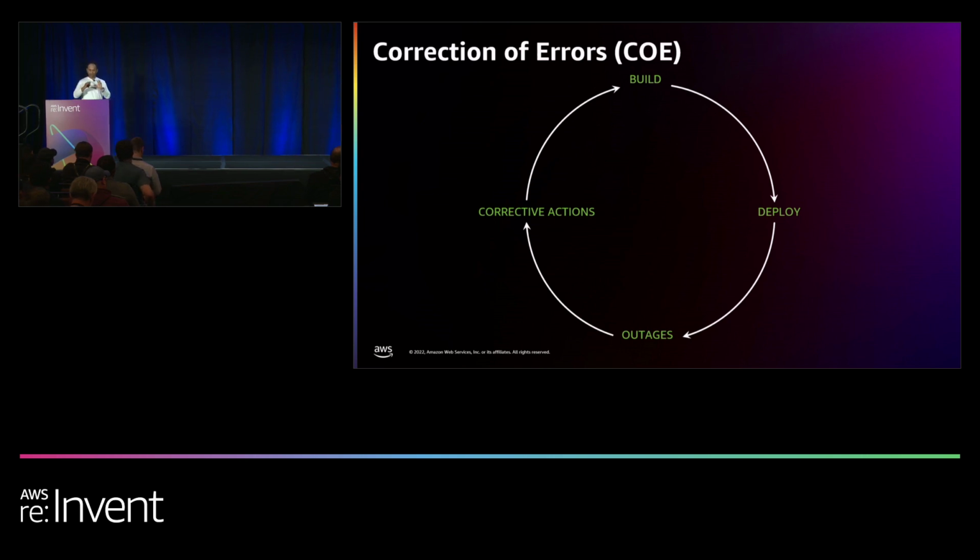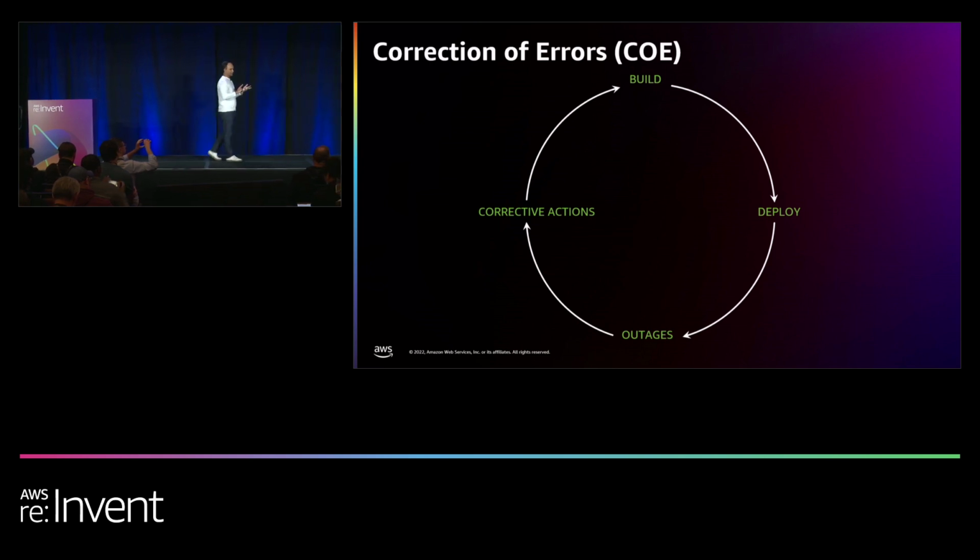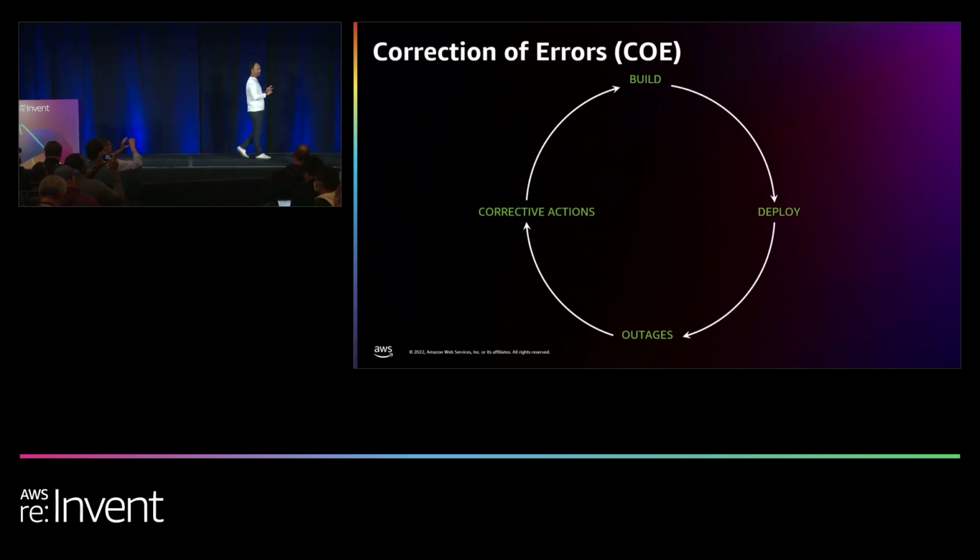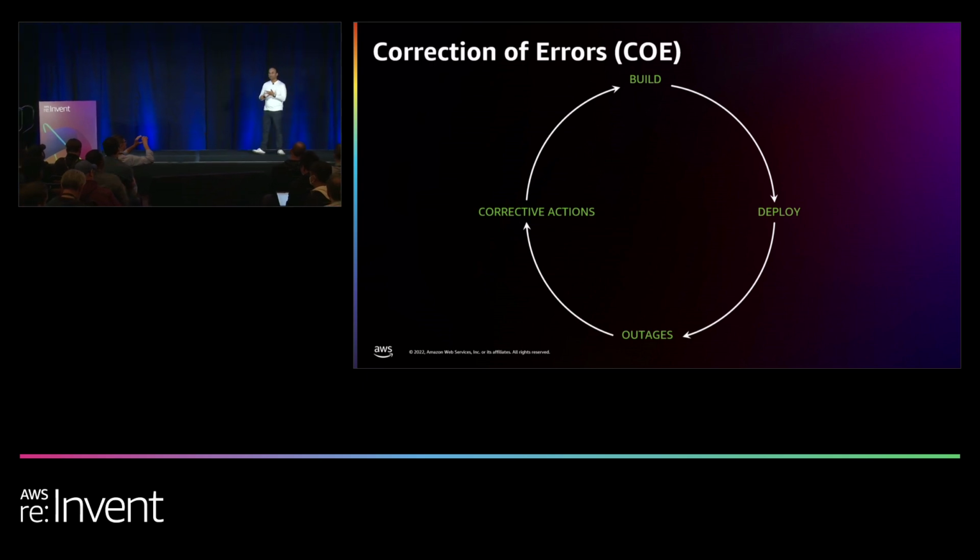This is a very generic mechanism. It could be applied to any sort of failure. Failure can be you delivered the wrong product. You delivered a feature that didn't work with another service correctly. It could be an outage in your service. It could be a business process that failed. Every one of these could be covered by the correction of errors process. And I want to talk a little bit about how it applies on the technical side.